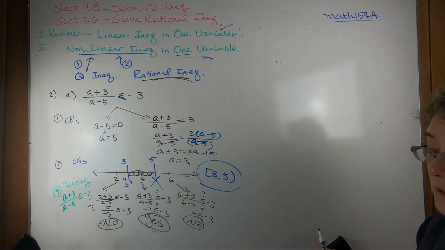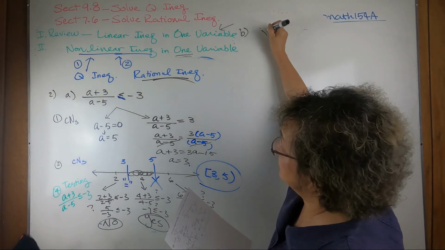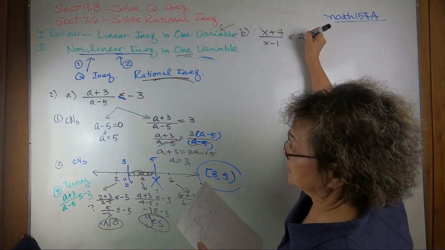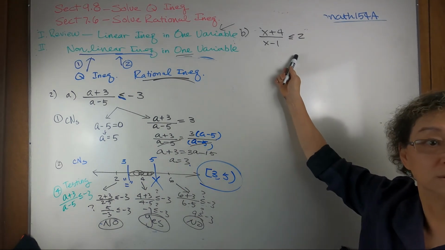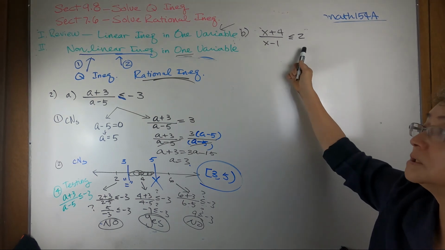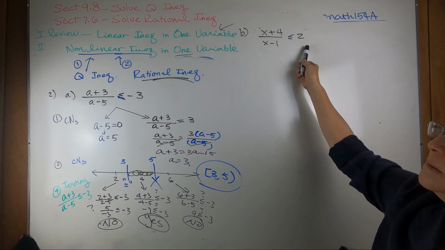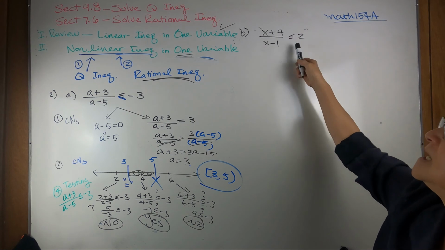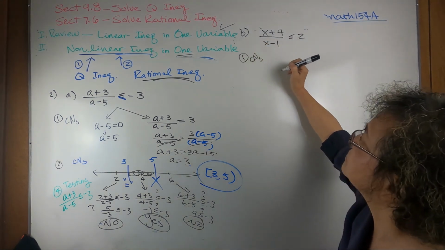Okay, let's try another one. If I have x plus 4 over x minus 1 less than or equal to 2, what kind of thing do we call this? Something rational, right? So it's a rational inequality in one variable. Then we try to find the answer for x. First, we have to find the critical numbers.